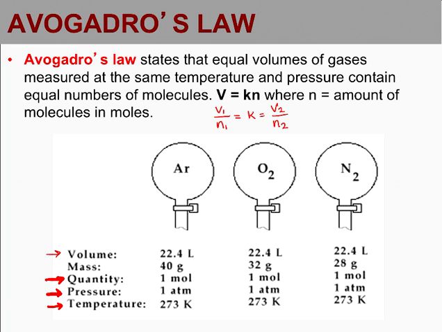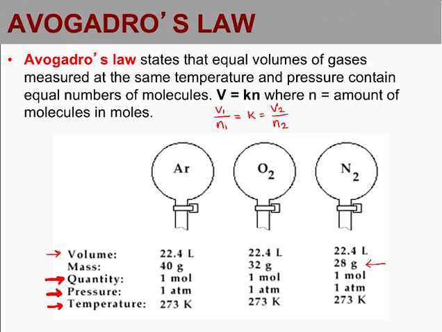Now you will notice that the one difference here is the mass. So if we look at a periodic table, we know that argon has a mass of 40 grams for every 1 mole. Oxygen has a mass of 32 grams for every 1 mole. And nitrogen has a mass of 28 grams for every 1 mole. So the masses are different for these three gases, but they still all have the same volume if they're at the same pressure and temperature.